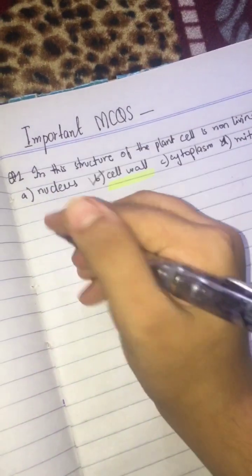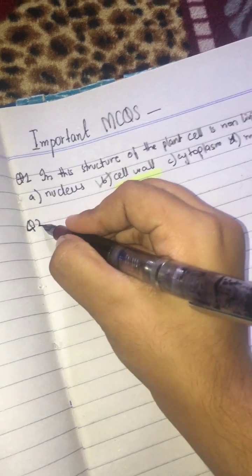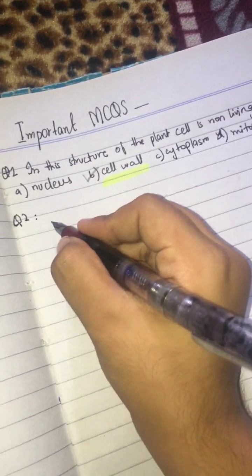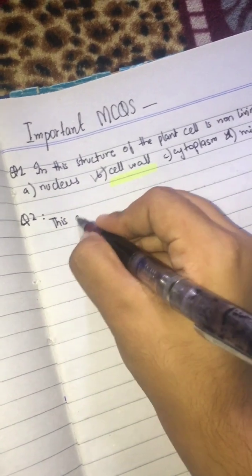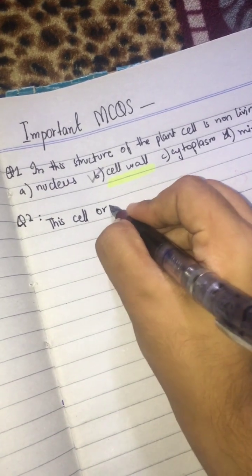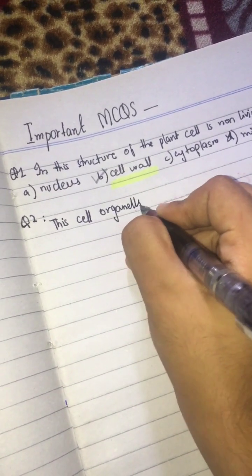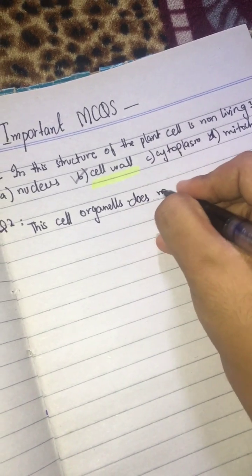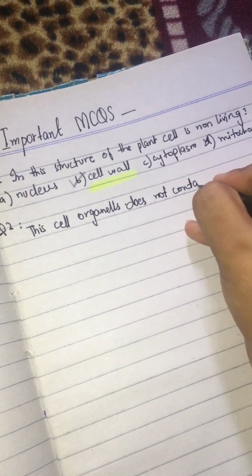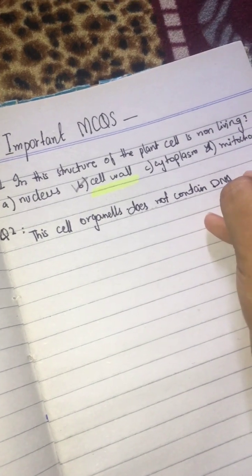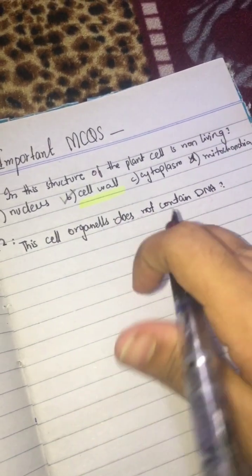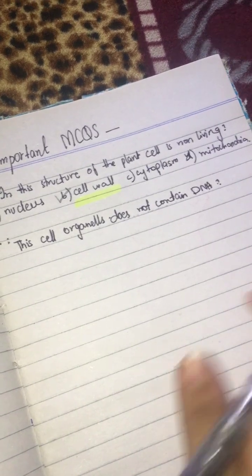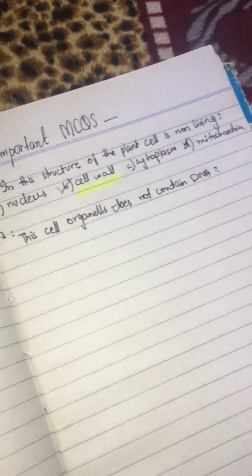Okay, so if we talk about the second MCQ, the question is: which cell organelle does not contain DNA, that is, which does not have its own DNA?